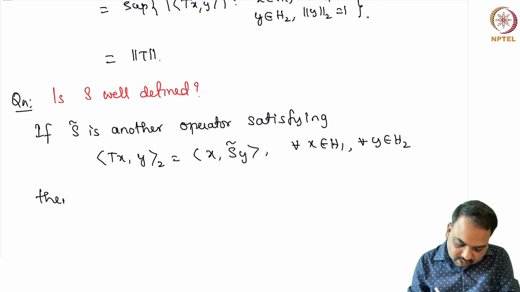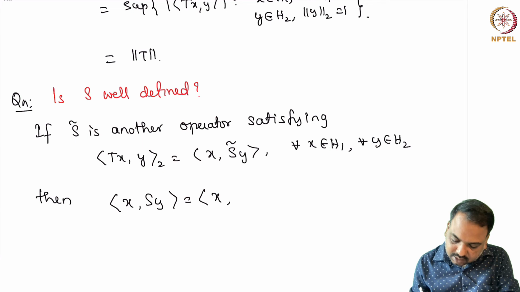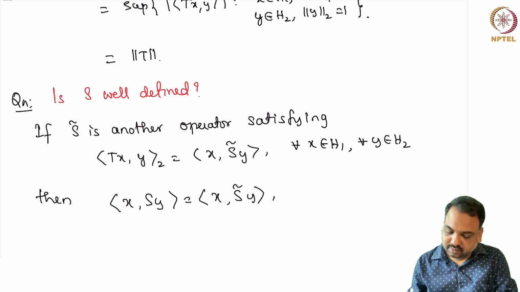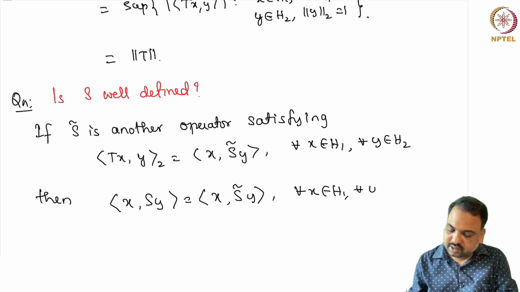Then we can say that the inner products of x with Sy and x with S tilde y are the same, for every x in H1 and every y in H2.